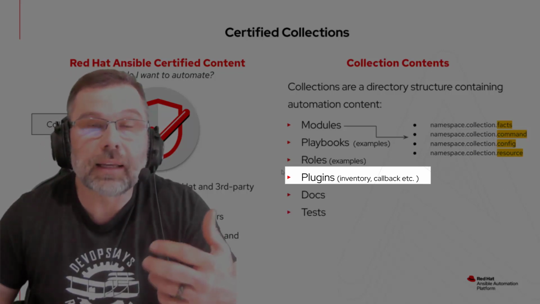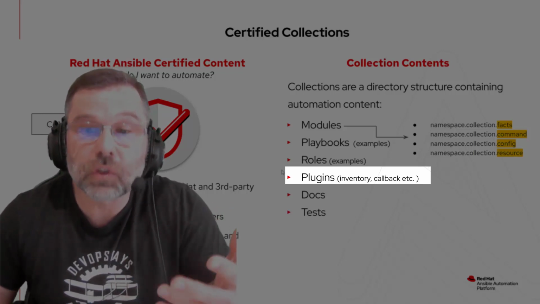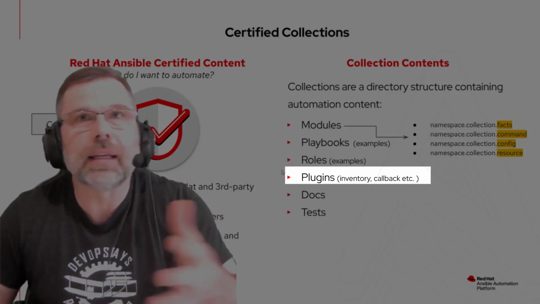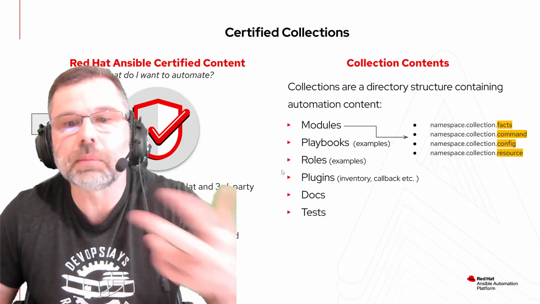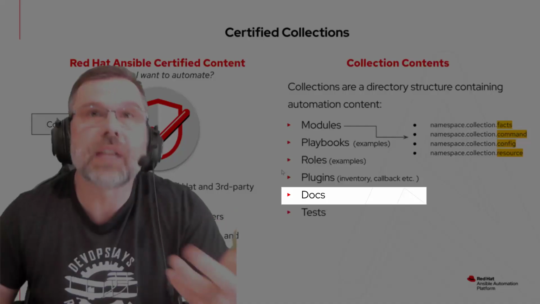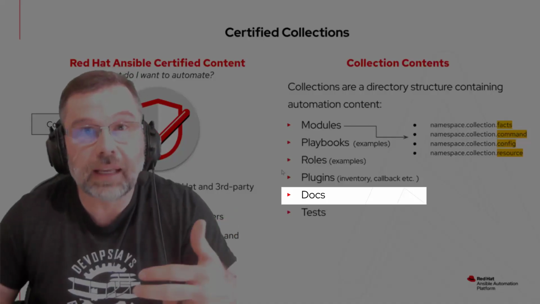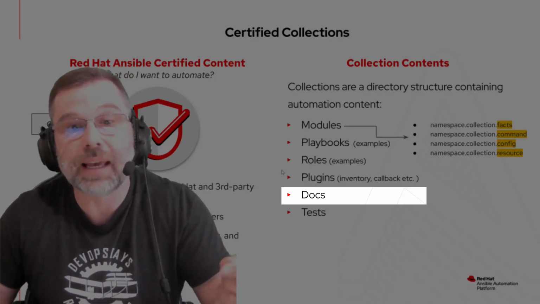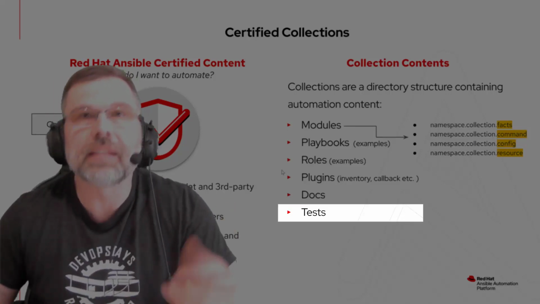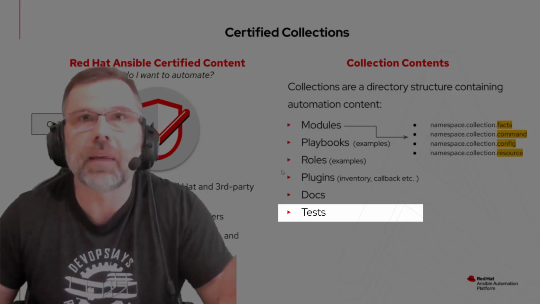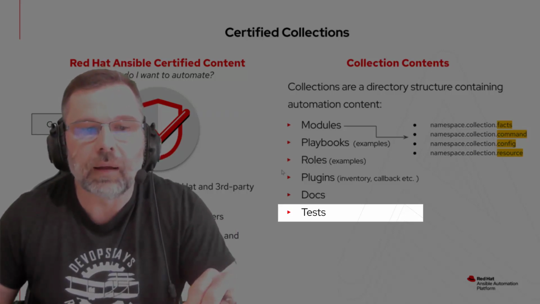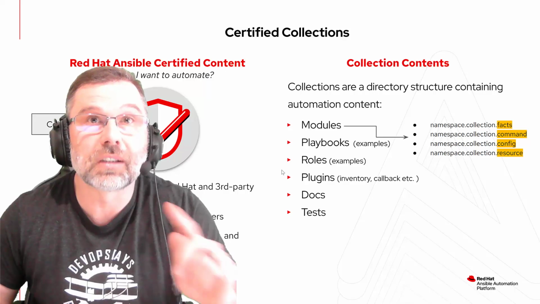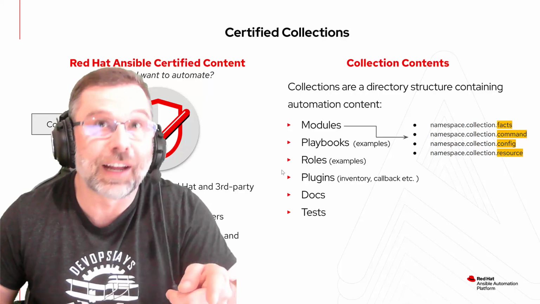Plugins are things like inventory plugins for dynamic inventories, callback plugins to tabulate how long it takes to run a task, those types of things, and documentation that's needed so that you understand how to use the module and the structured data that needs to be passed into a particular module, and then testing. Testing is very important again because of the rigor and the ability to provide that security, that quality, and that reliability that certified collections and content provide us.